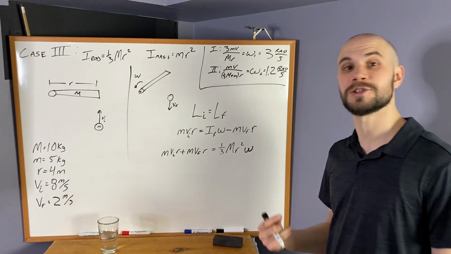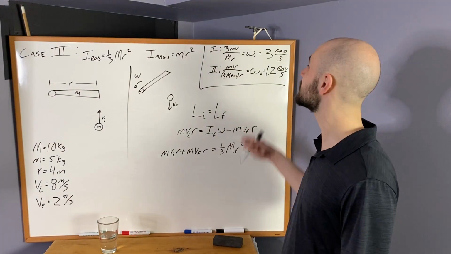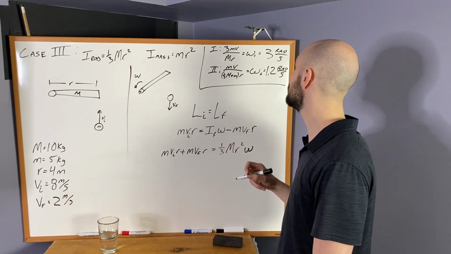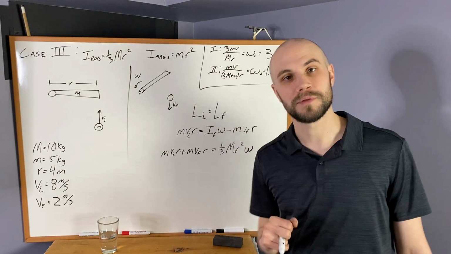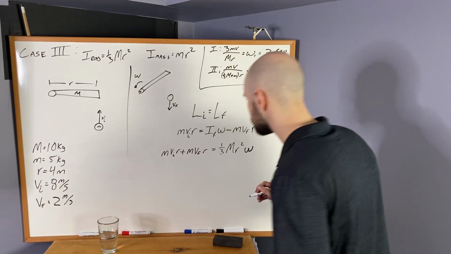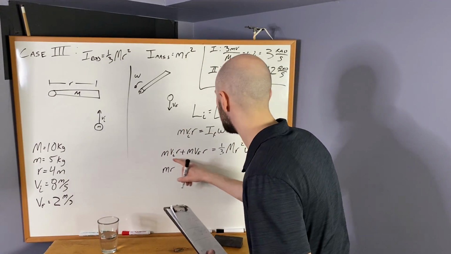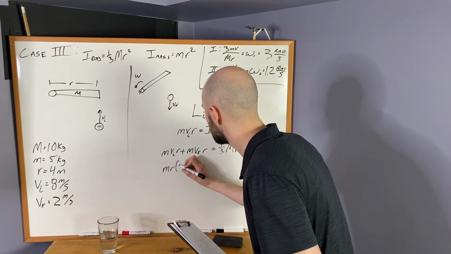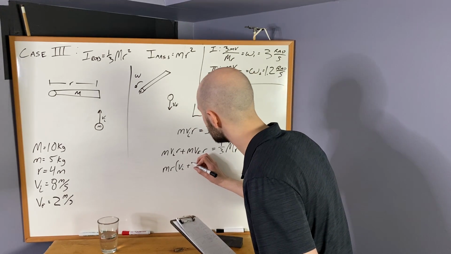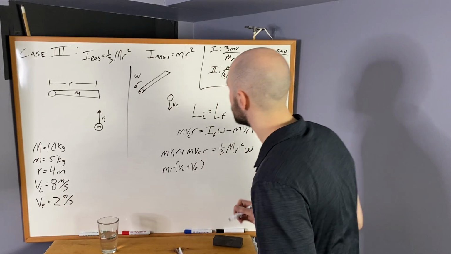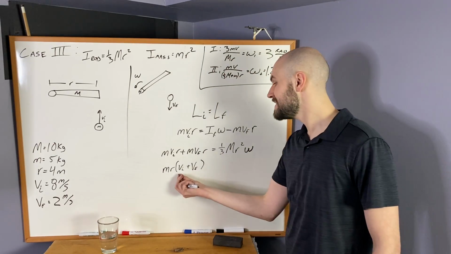We'll compare the expressions. Again, simplify the expressions so you can clearly compare for case 1 and case 2, and then we can plug in our numbers and solve. So we have mr is common in both these terms, multiplied by vi plus vf. Now, make sure you plug in the speeds here.